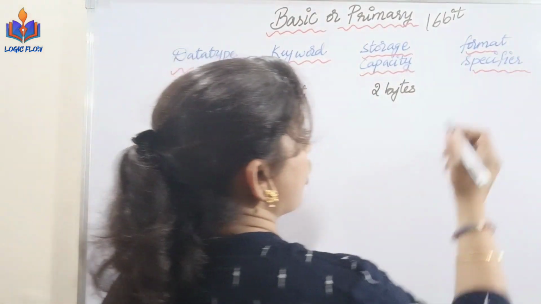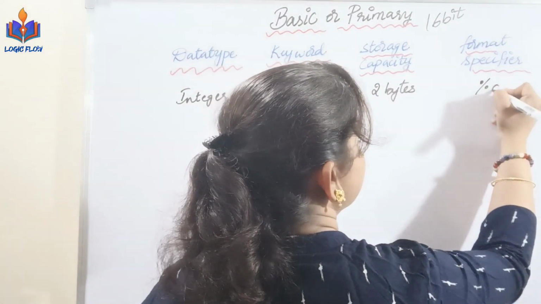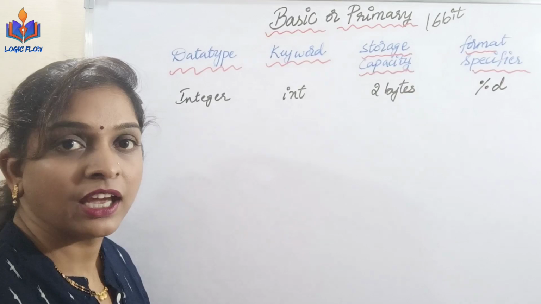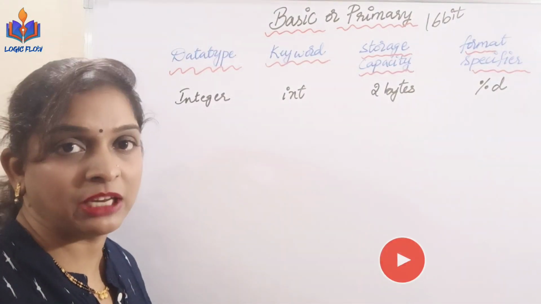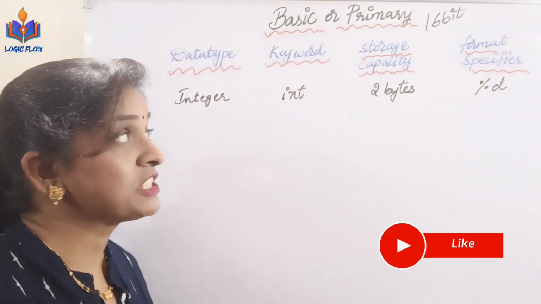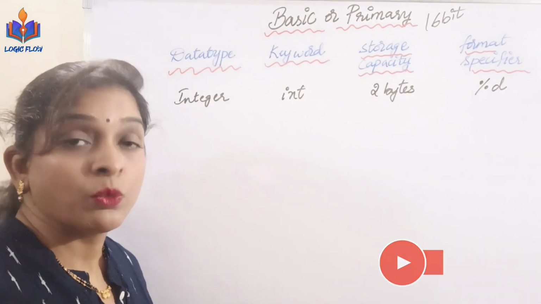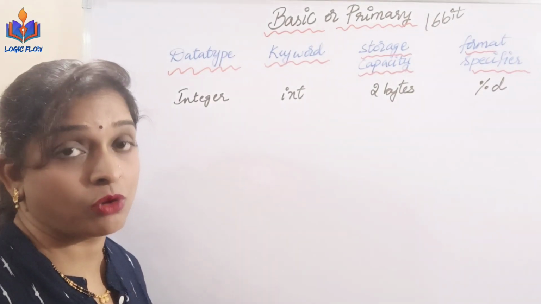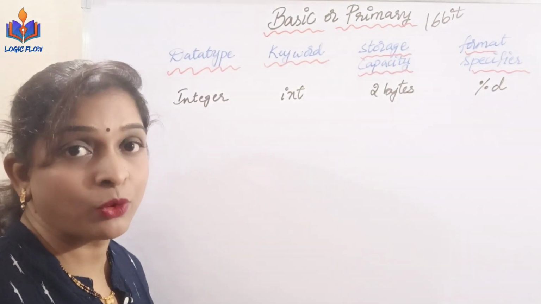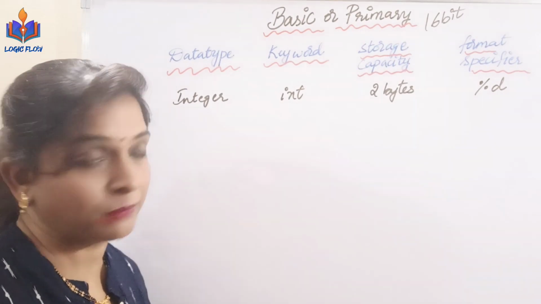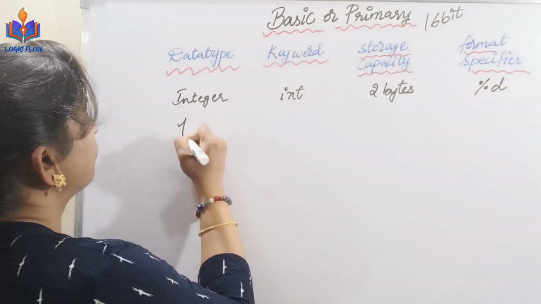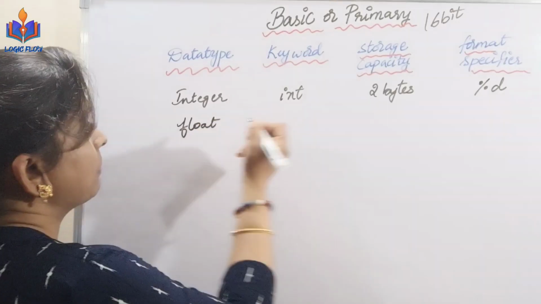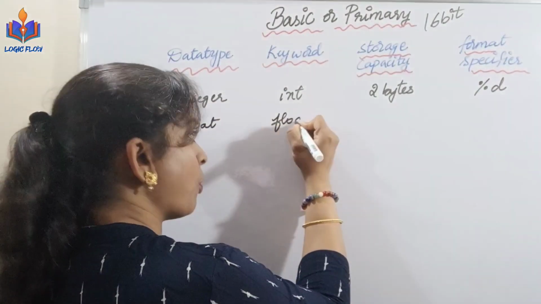Then the format specifier for this is %d, and we use this format specifier with the input output statements to specify what format of data we are accepting from the user or what format of data we are going to display onto the screen.